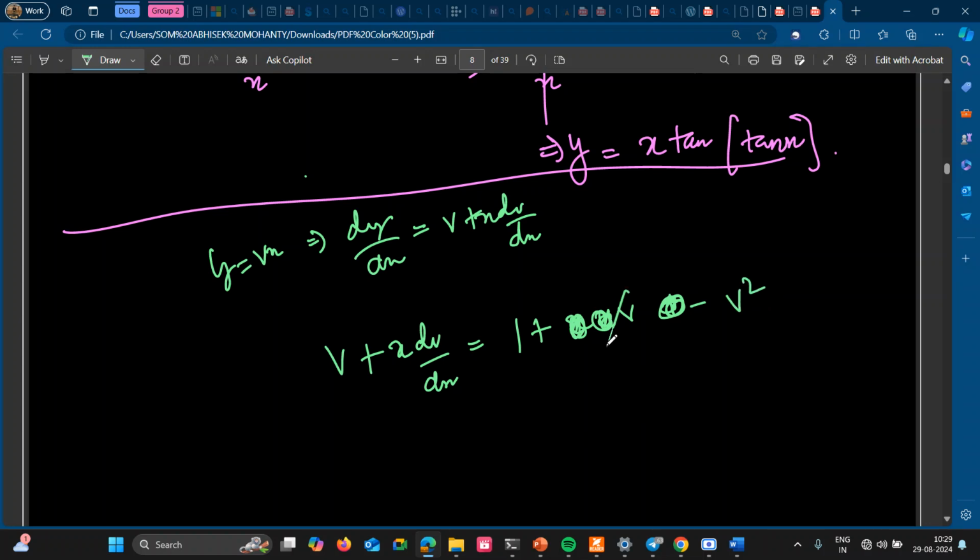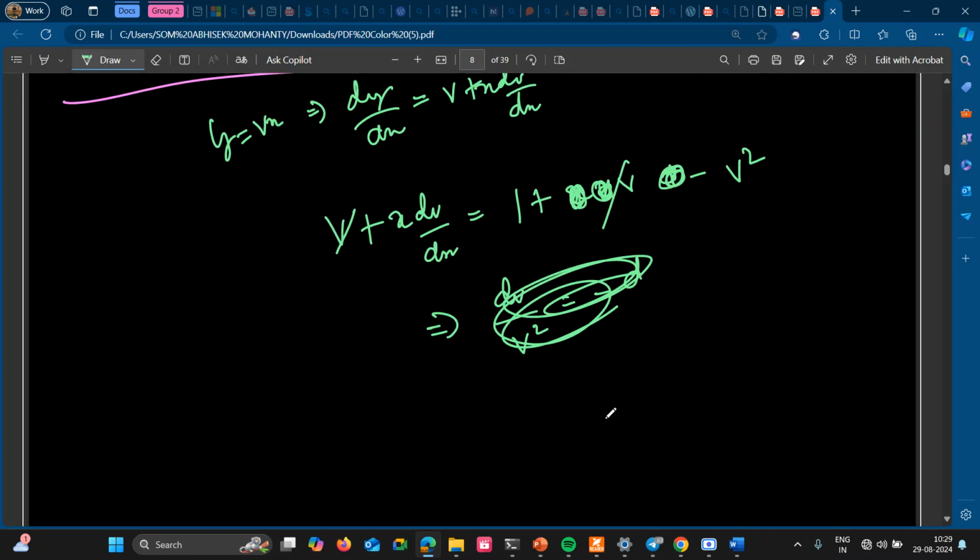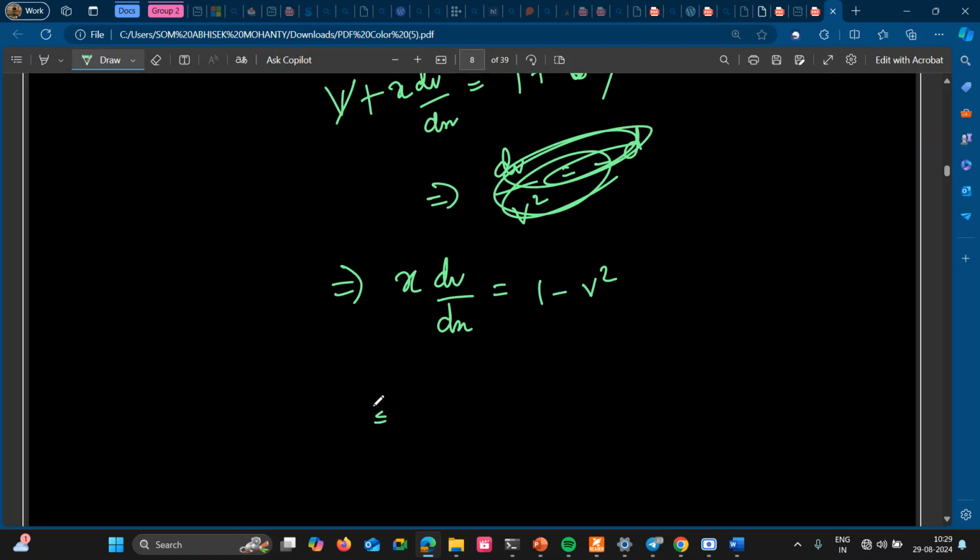Okay, v cancelled. So x dv by v square is equal to minus dx. Sorry, why am I rushing? That's why I'm making mistakes. I should be doing it slowly. So dv by 1 minus v square is equal to dx by x.